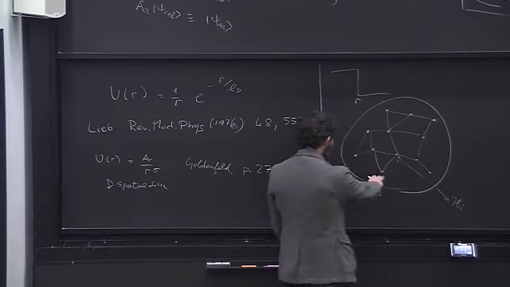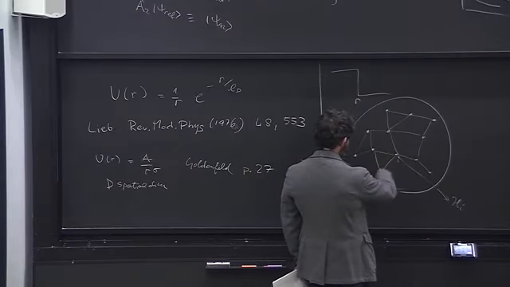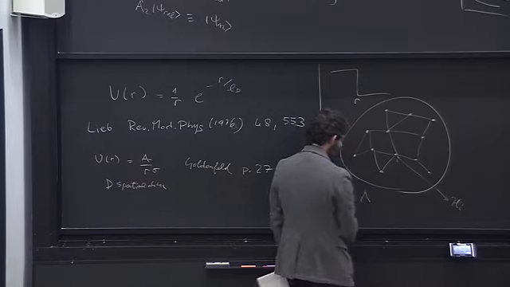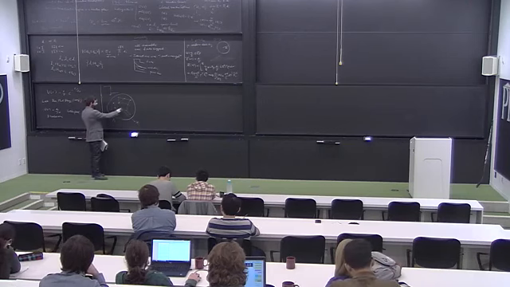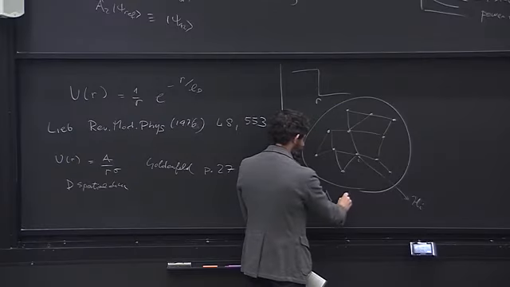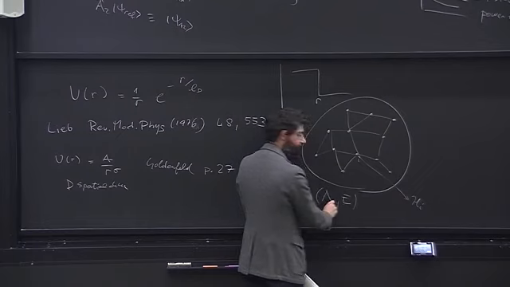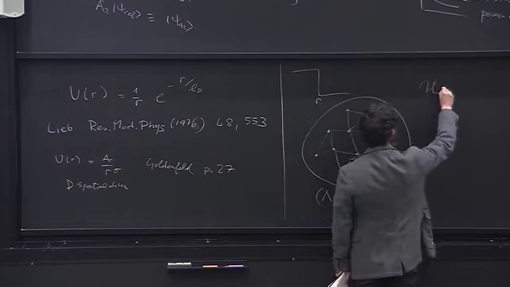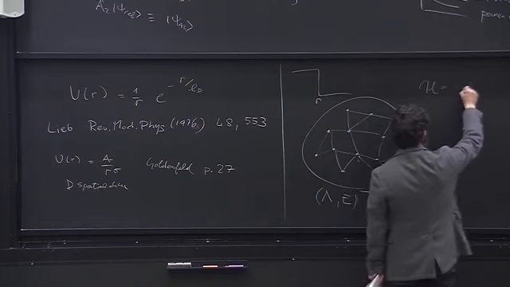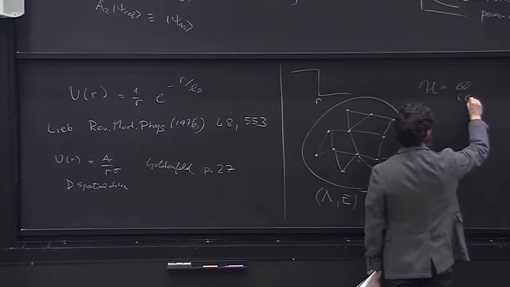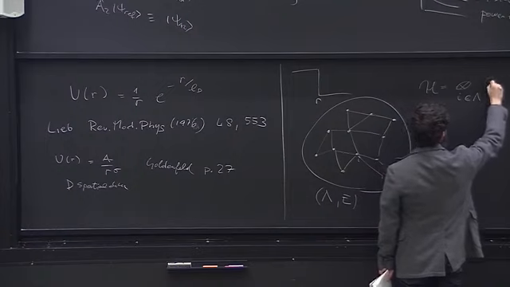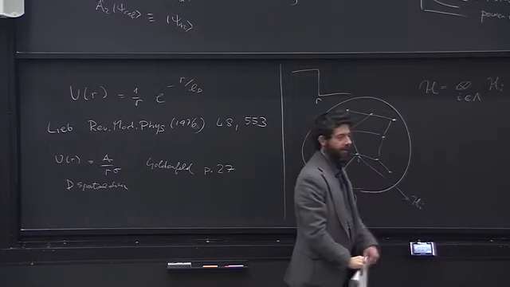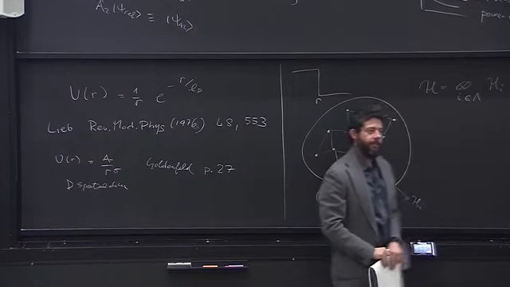So for us, a graph is a set of points that I will call Lambda, and a set of edges that I will call E. This is my graph. My total Hilbert space is the tensor product over i belonging to this set Lambda of h_i. These are the local Hilbert spaces.